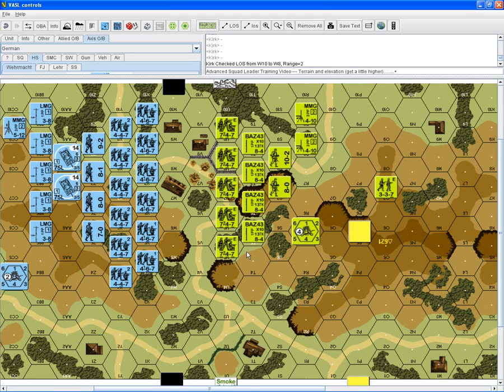When we're talking about terrain, we're talking about section B of the rule book, and terrain is either going to have obstacles or be classified as hindrances. Obstacles are basically going to block line of sight. LOS is line of sight.